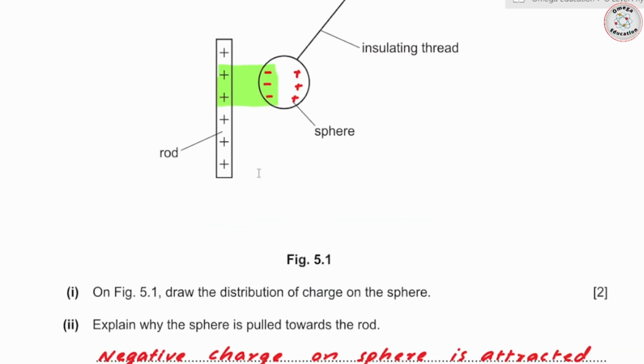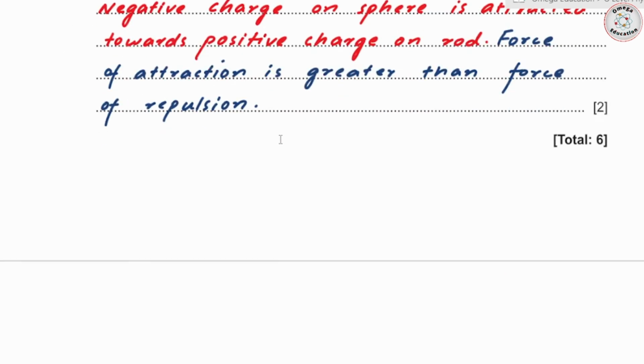And what's the reason for that? You don't need to write it down, but the reason is that this positive and this negative were close to each other compared to positive and positive.